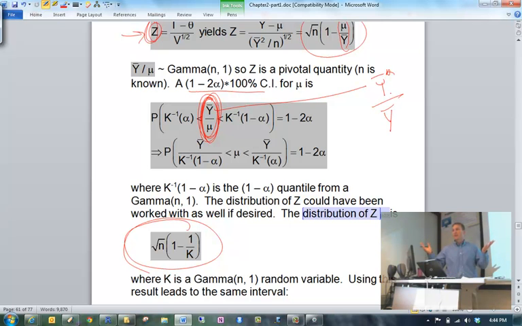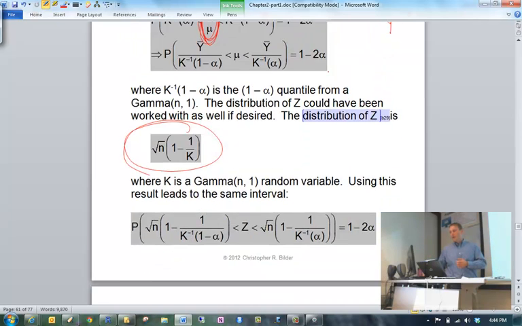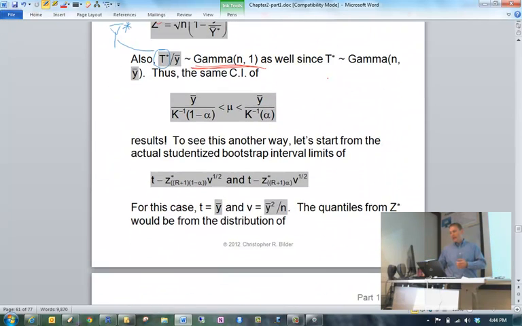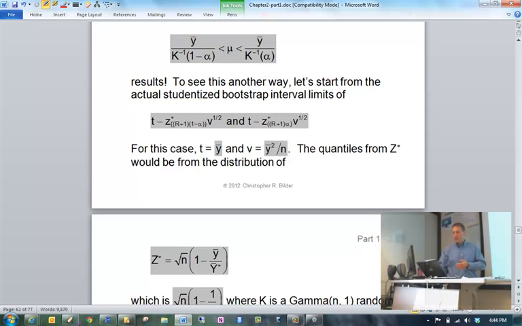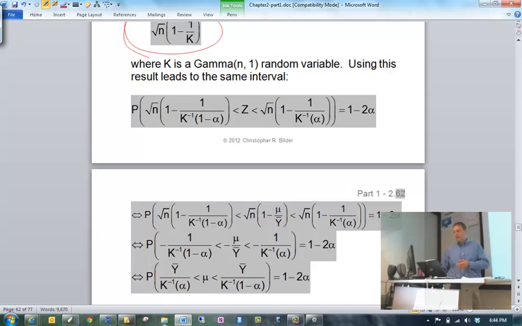Of course, you get the same thing. Or instead, what one could do is actually start from the point of view of what Z star is, just like how I did with starting with what Z was, and you end up going through derivations to get exactly the same interval.